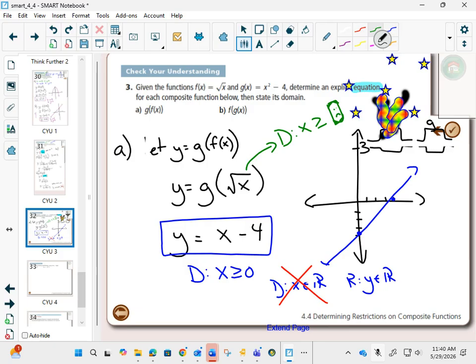It would blow up. And it doesn't matter what comes out. Nothing's going to come out because it already blew up. Even though G can accept any number, we have a problem. So we need to have this domain, and when we draw the graph, the actual graph would only be this part of the line. The negative part of the line you have to erase. And this would be the final answer.